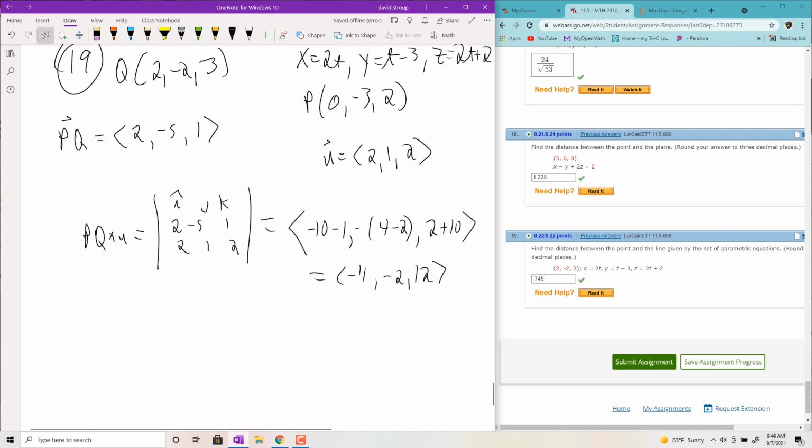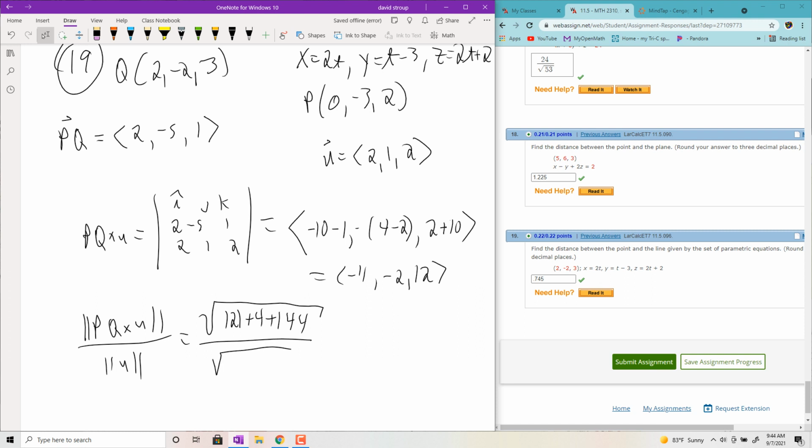And then I need its magnitude for my final answer. So it's the magnitude of PQ cross U all over the magnitude of U. So I got the square root of 121 plus 4 plus 144 all over the magnitude of U, which would be 4 plus 1 plus 4. Being more careful this time.